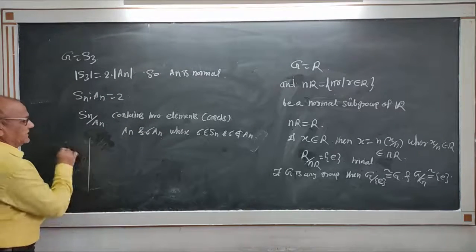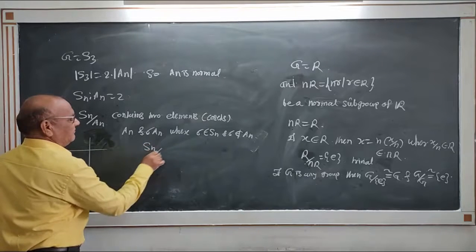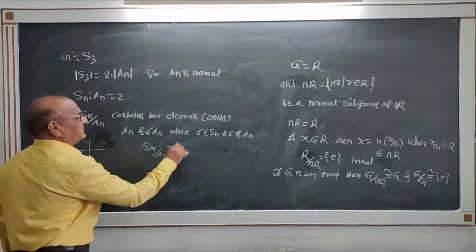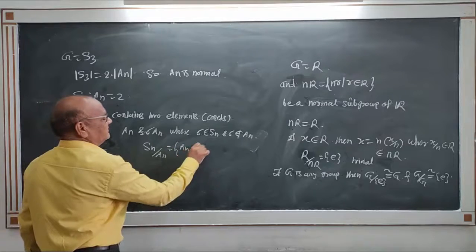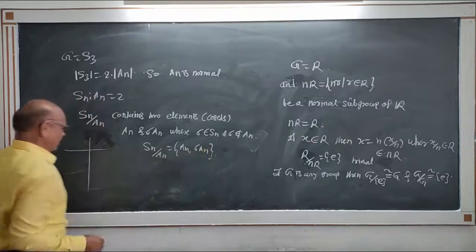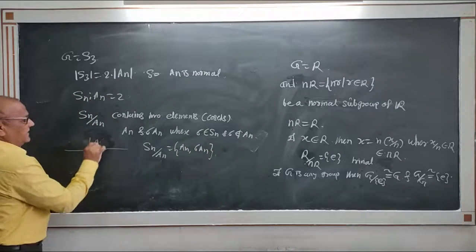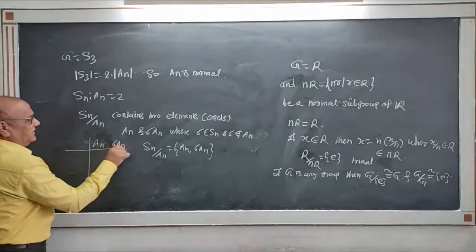Now the multiplication table. Sn by An is equal to {An, sigma An}.